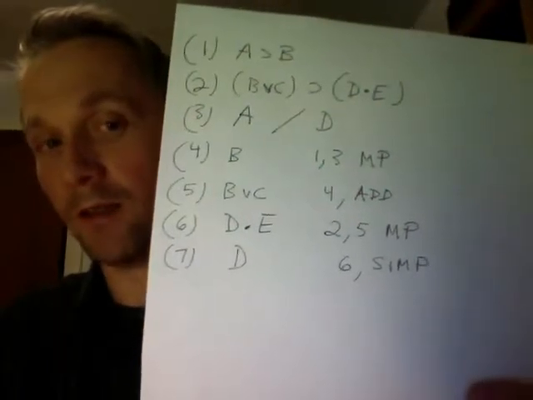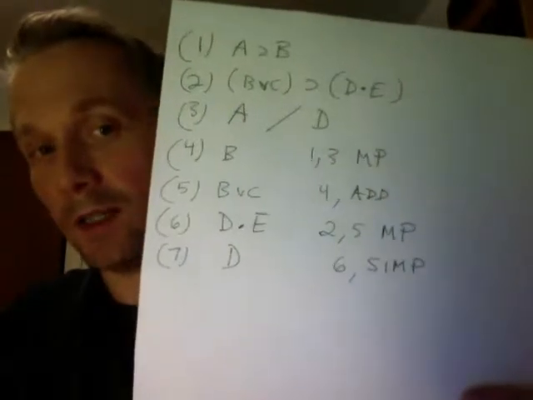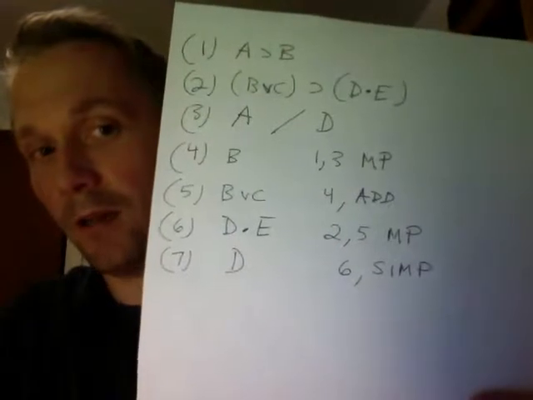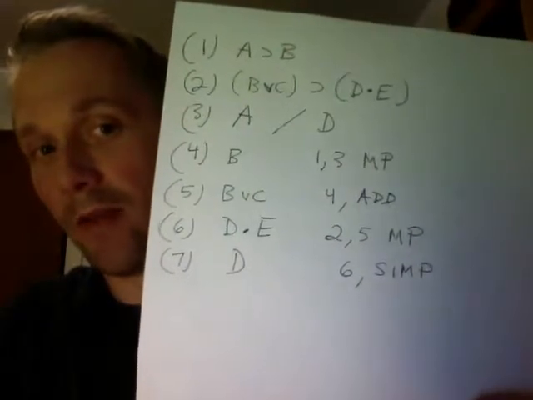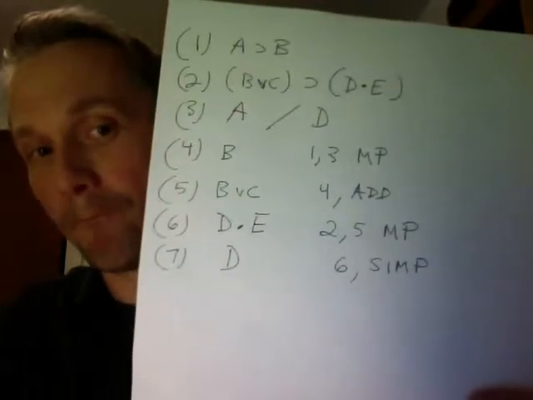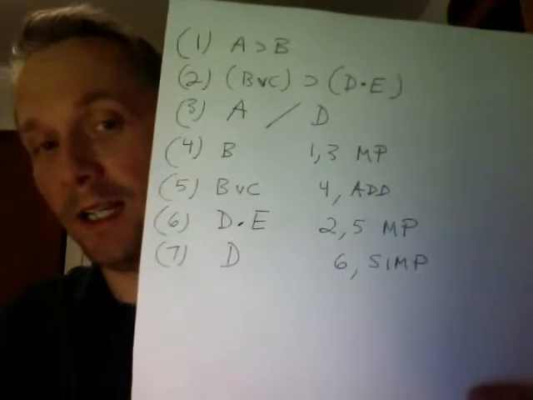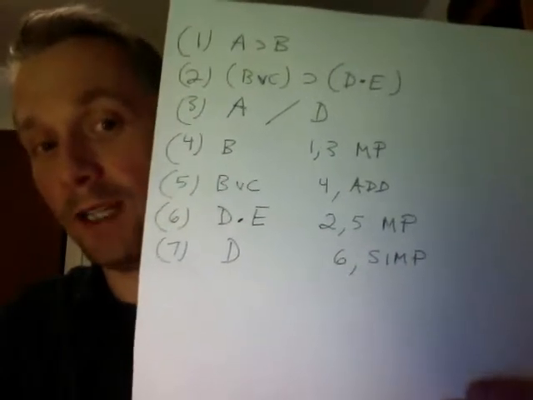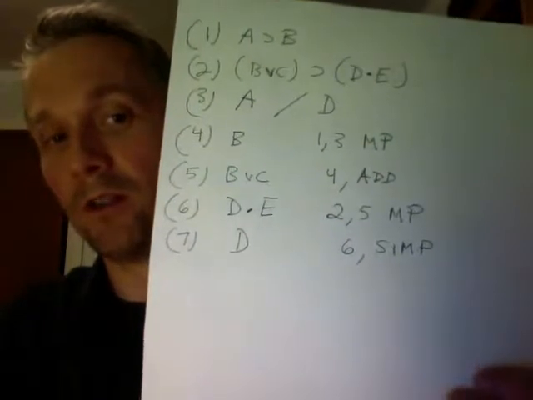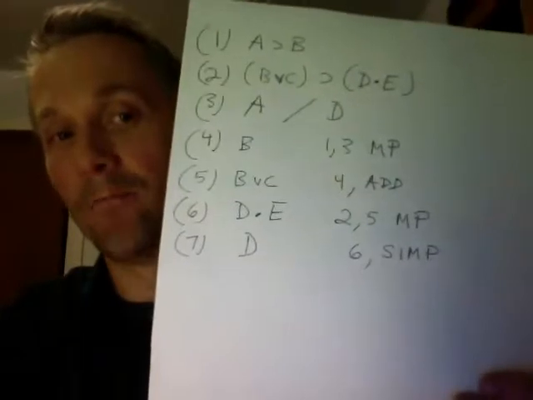In this case, the conclusion's D. So what we did there was in our first line, we isolated the B, and then we were able to add the B or C, which allowed us to use modus ponens to isolate D and E. And once we had D and E, it was easy to apply the rule of simplification to just get D. So that's a finished problem.